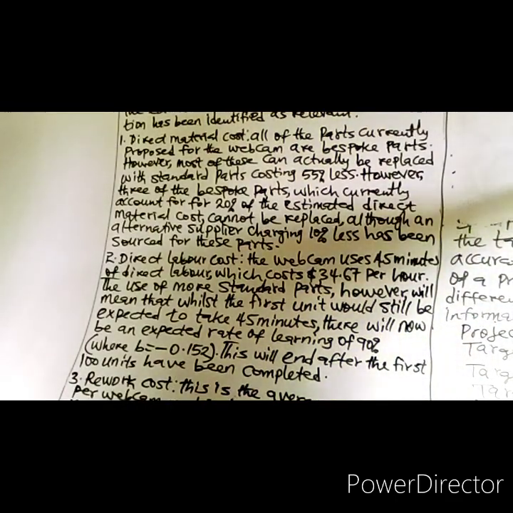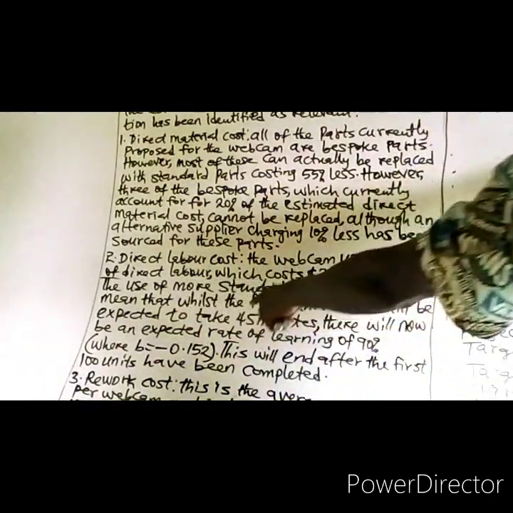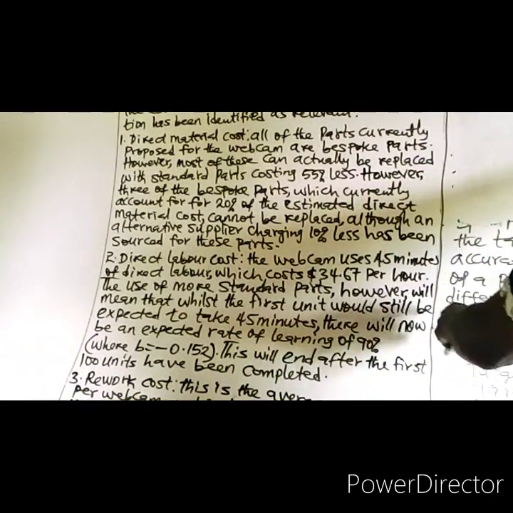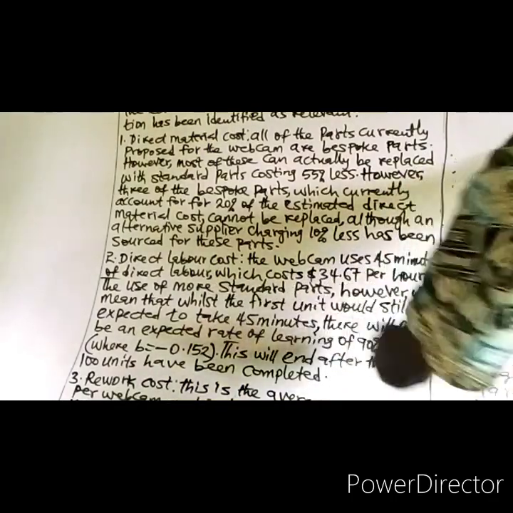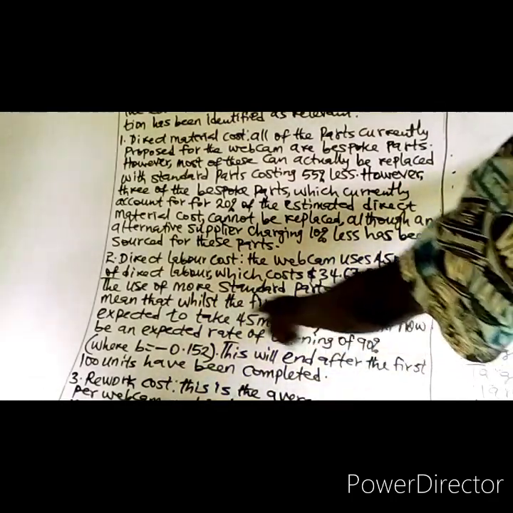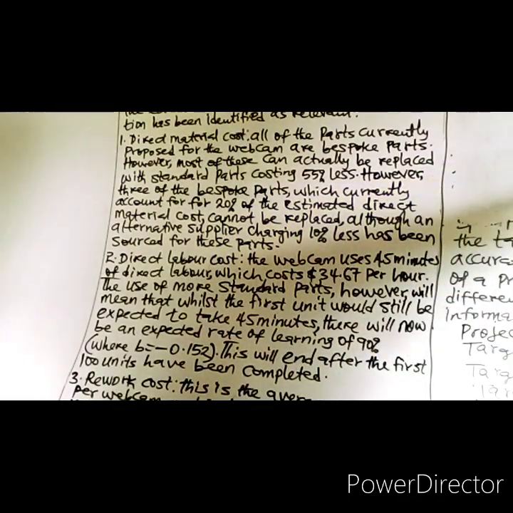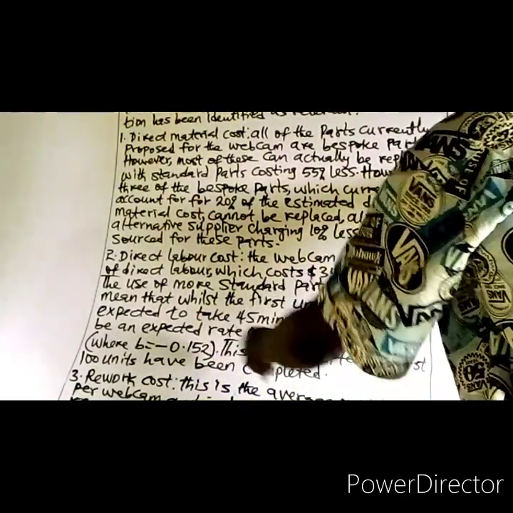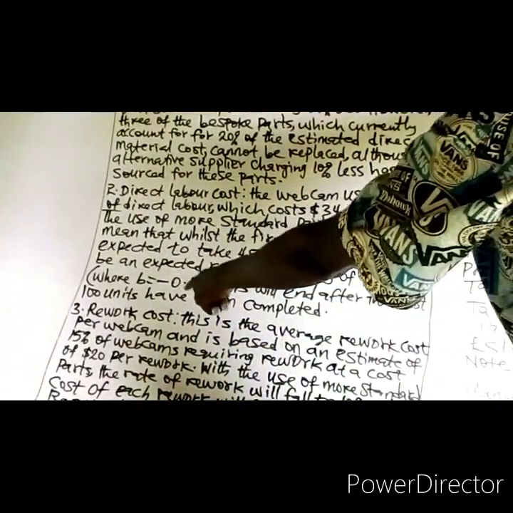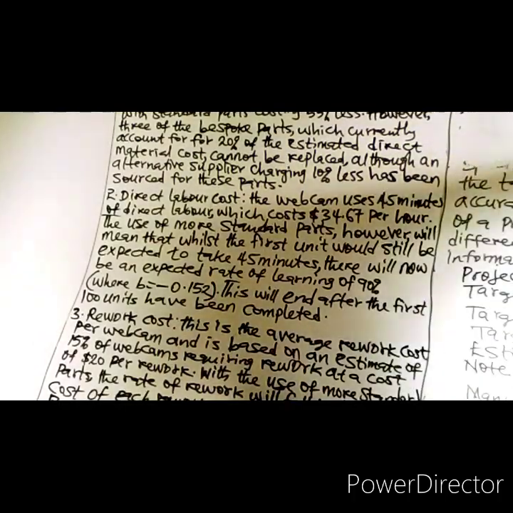The use of more standard parts, however, will mean that while the first unit will still be expected to take 45 minutes, there will now be an expected rate of learning of 90%, where b is minus 0.152. This will end after the first 100 units have been completed.